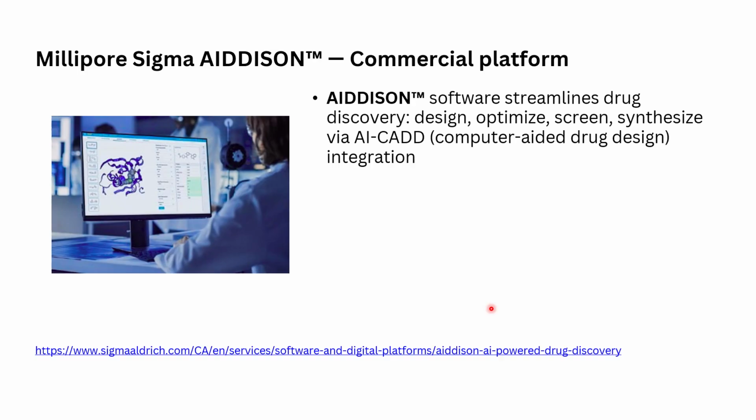So Millipore Sigma's Edison software is a commercial platform that empowers medicinal chemists by streamlining the entire drug discovery process, from designing to optimizing, screening, and planning synthesis of new molecules in one single platform, integrating generative AI and CADD.